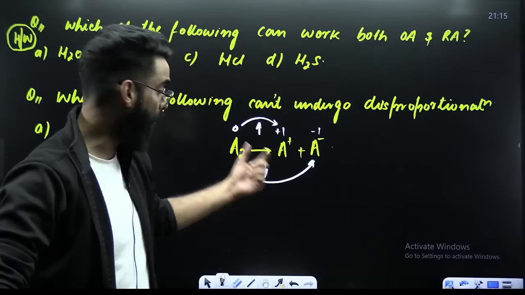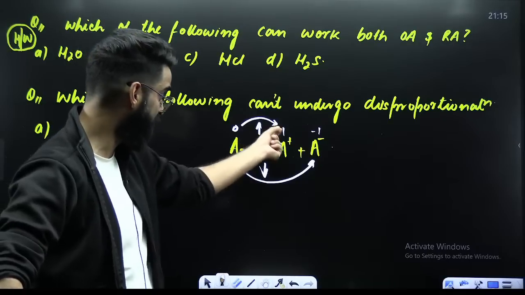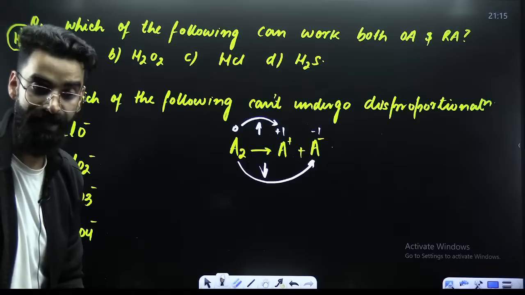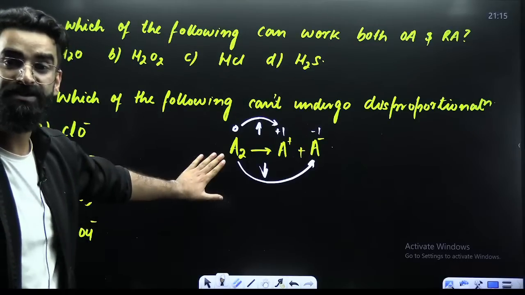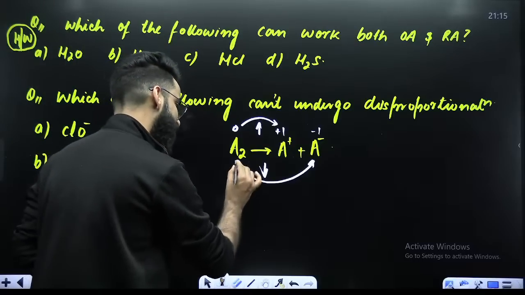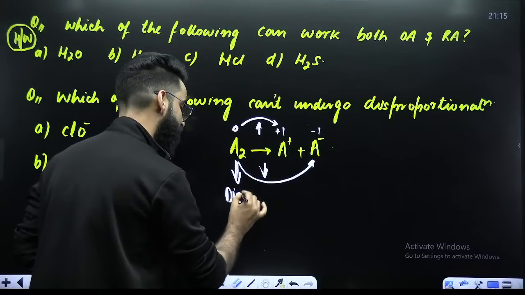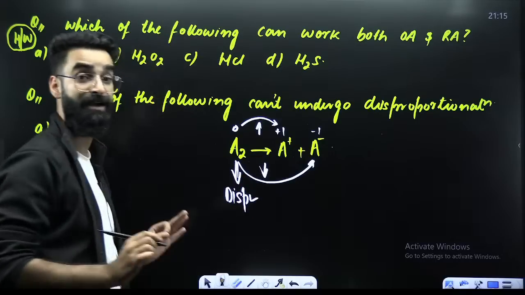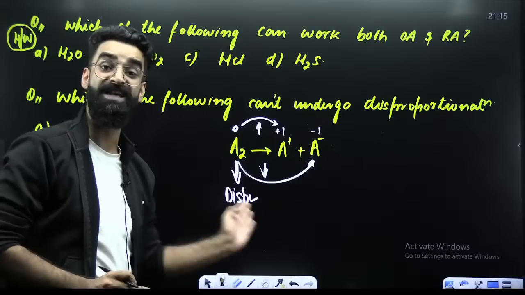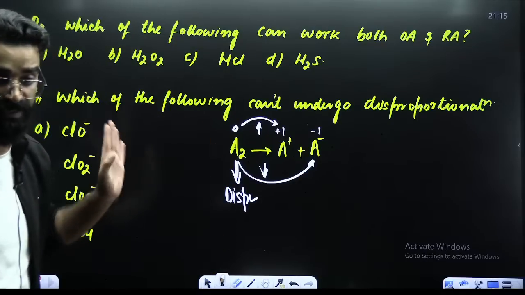Whenever you see this kind of scenario, where the oxidation state of the same element simultaneously increases as well as decreases, we say that species undergoes disproportionation. So A2 here is undergoing disproportionation.